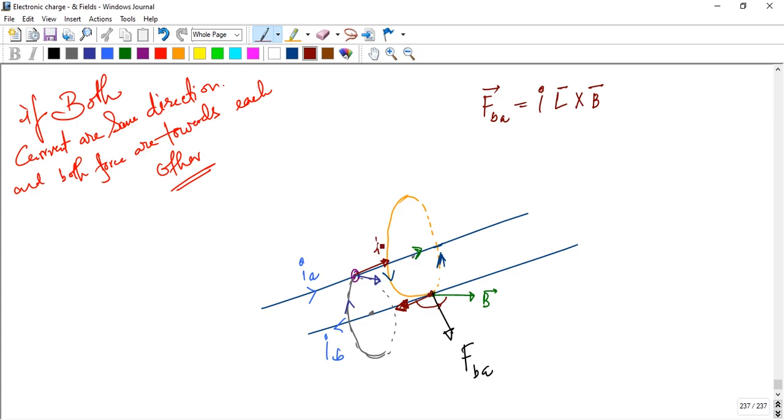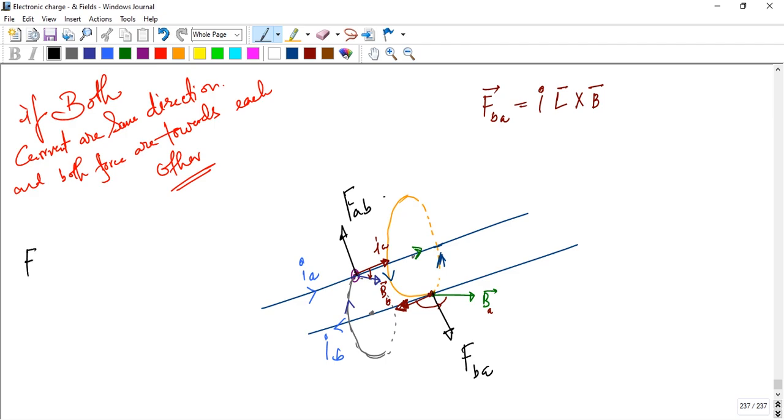I A is in that direction, B of A is downward. So I cross B, or L cross B both, means the force is in that direction, that is force AB. The magnitude is the same, but they are in opposite directions.